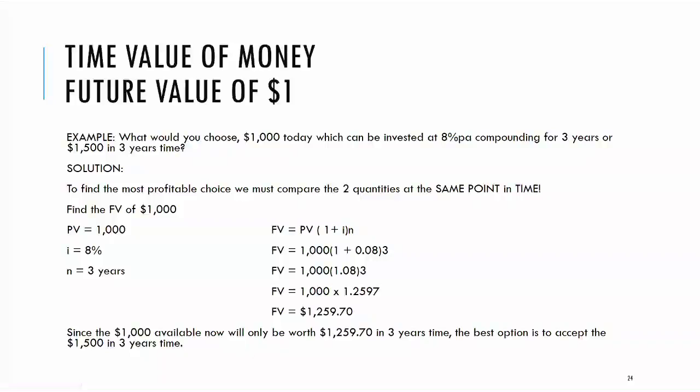Example. Previous question. What would you choose? $1,000 today, which can be invested at 8% per annum, compounding for 3 years, or $1,500 in 3 years' time. So you get $1,000 today and you invest it. The interest rate is 8%. Or you can get $1,500 in 3 years' time.